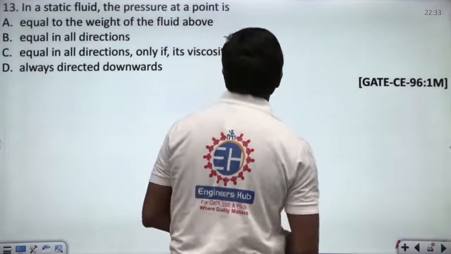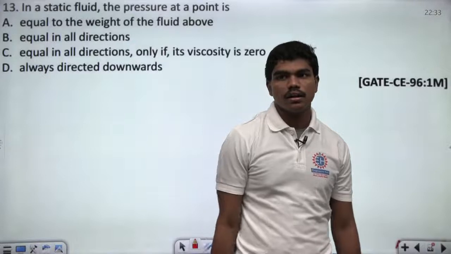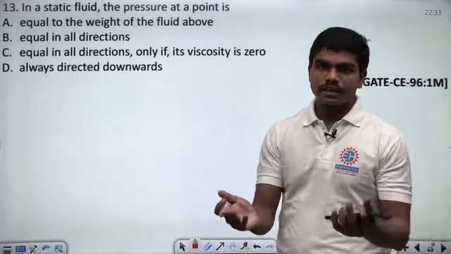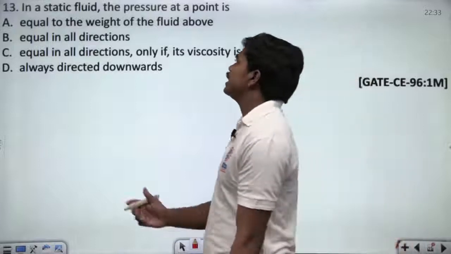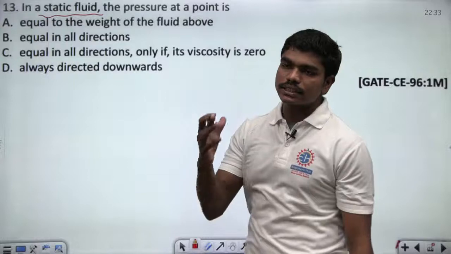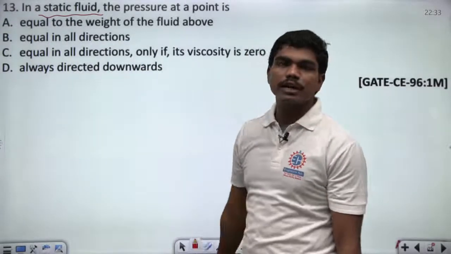So there is one question. In a static fluid, the pressure at a point is, you can tell the answer. The fluid is static. Look, it's clearly given it's a static fluid. First of all, if the fluid is static, will there be any concept of viscosity coming into picture?